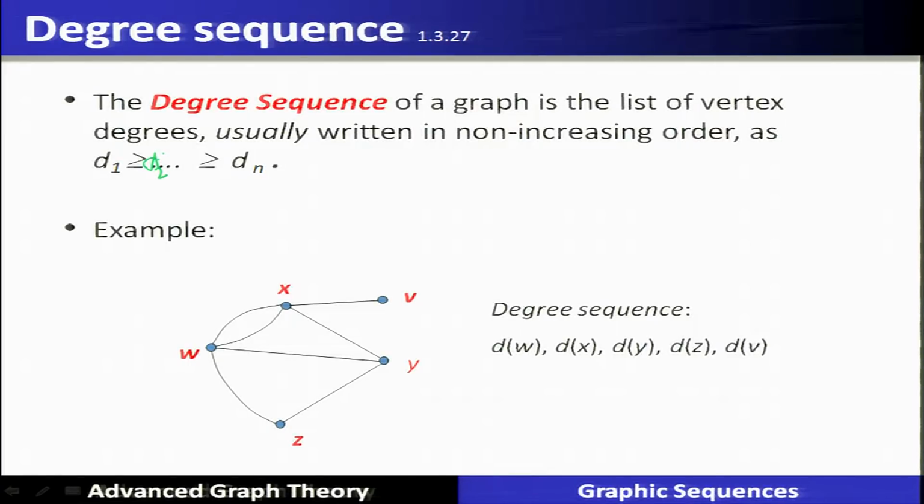This is how we can state the degree sequence of a graph. So the highest degree is W, followed by X, then Y, then Z, and then V. So, this is a degree sequence of a graph.